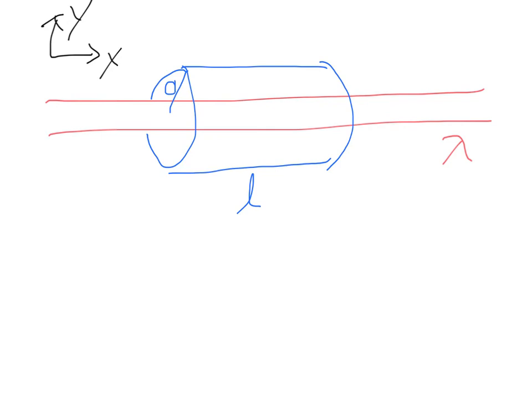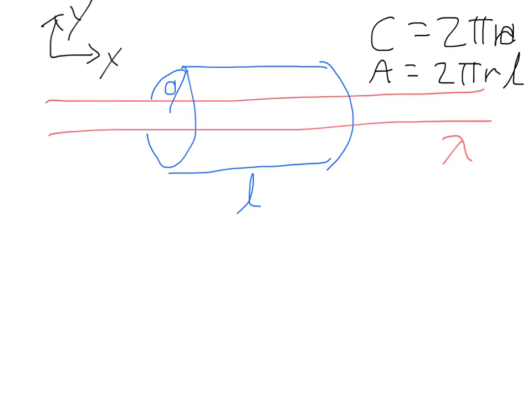We know what the circumference of a circle is: 2 pi r. So if we take that circumference and stretch it the whole way along, the area is going to be 2 pi r times the length of that cylinder. In this case, our radius is actually A, so let me put the proper variables in as I wrote them.